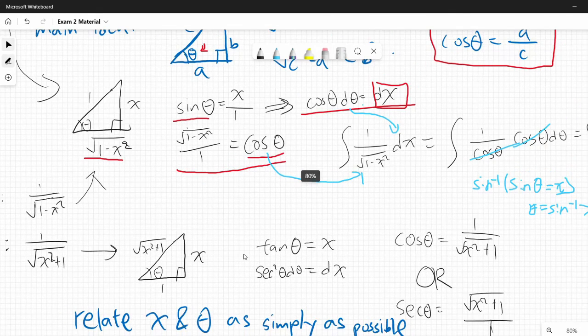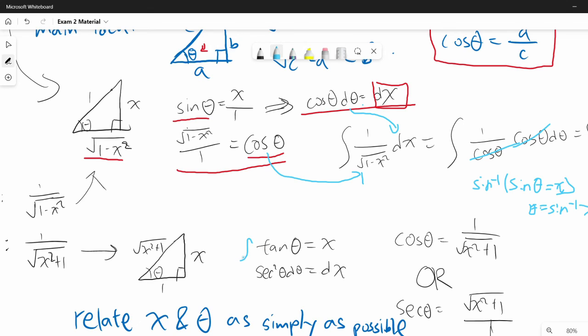So in this case, the sub you likely do is with tangent, because that's the easiest. The easiest will be x over 1, not the square root of something over 1. That's pretty hard to do, to connect theta with x. So in this case, you have tangent theta equal to x, opposite over adjacent, and then to find the derivative, it would be secant squared theta d theta equal to dx.